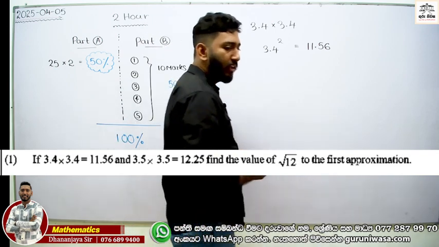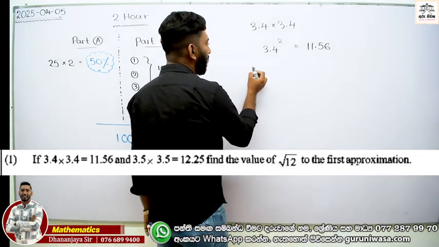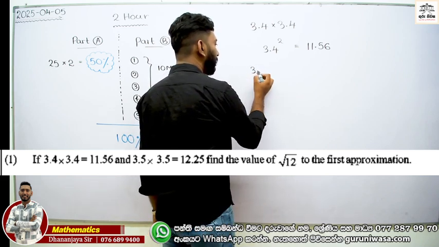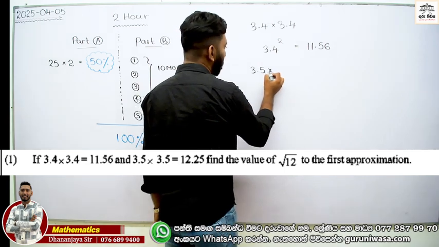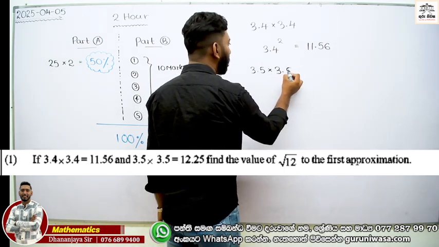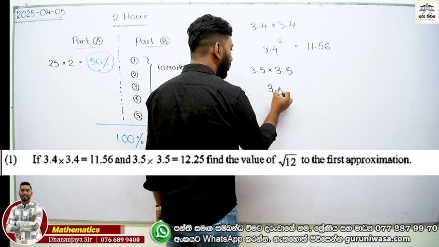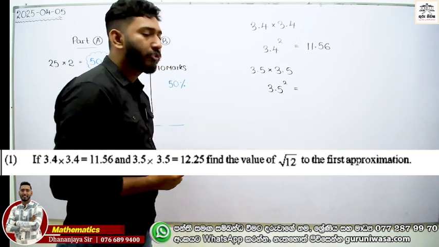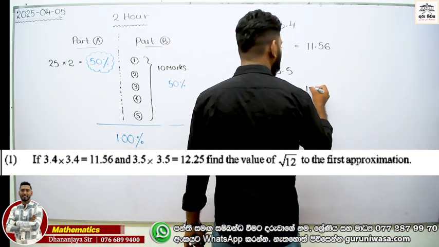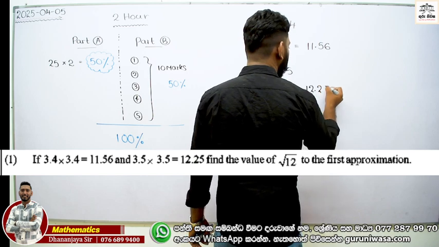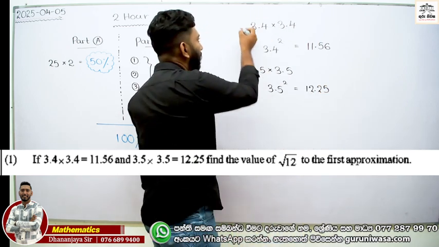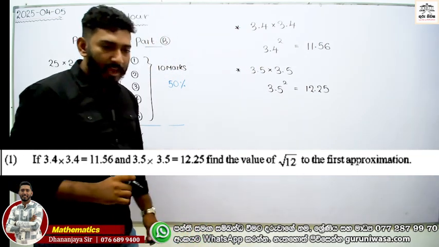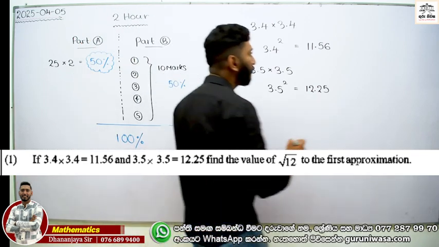And 3.5 into 3.5, and you know that 3.5 multiplied by 3.5, what is the meaning of that? This is 3.5 to the power of 2. It becomes 12.25. This is the first detail, and this is the second detail. Find the value of the square root of 12.